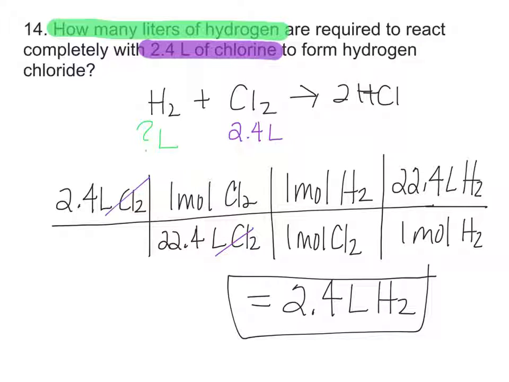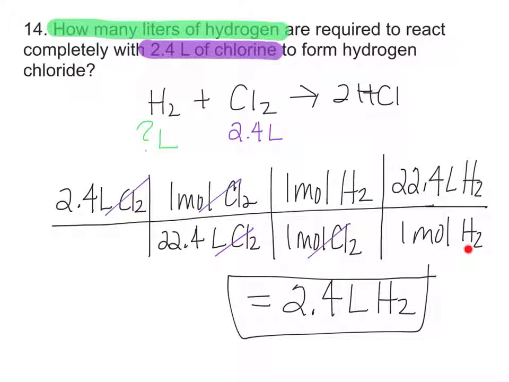So now we're in moles. So our next step was to go to our mole ratio. So I do 1 mole of chlorine. I'm trying to go to hydrogen. So I do 1 mole of hydrogen on the top. And then of course, the moles of chlorine cancel out. And then lastly, I am in moles, but it wants liters of hydrogen. So again, I use that 22.4 liters of hydrogen per mole.